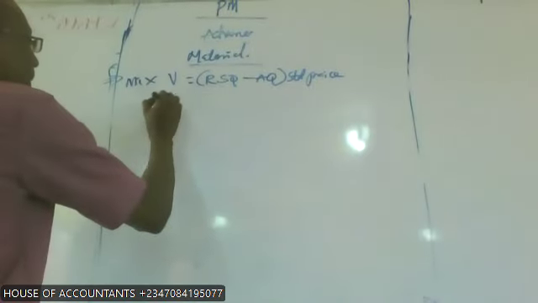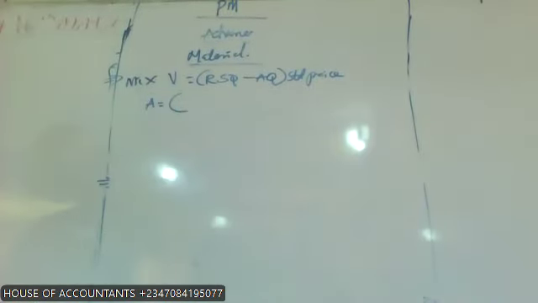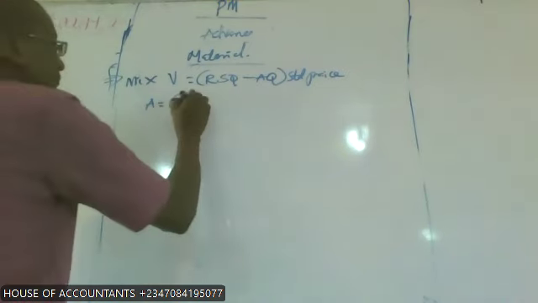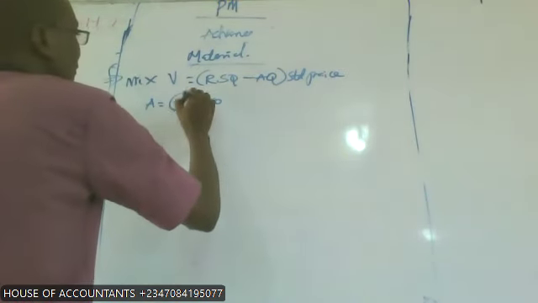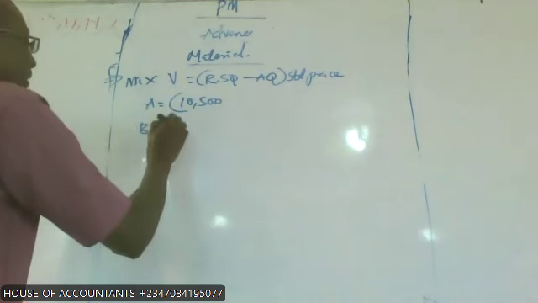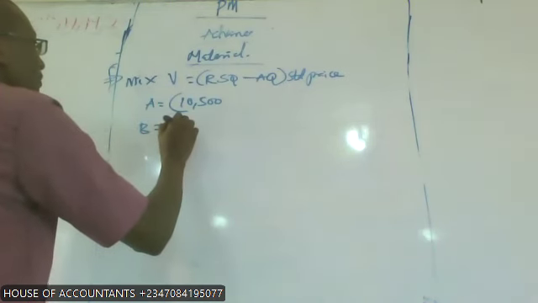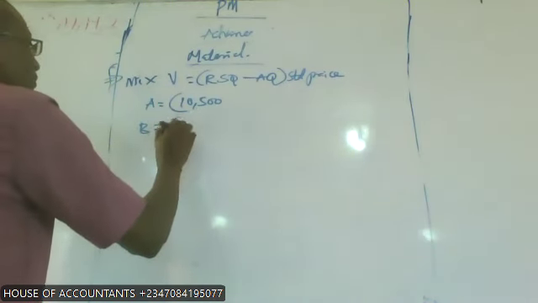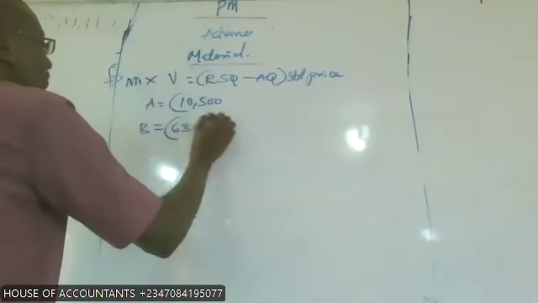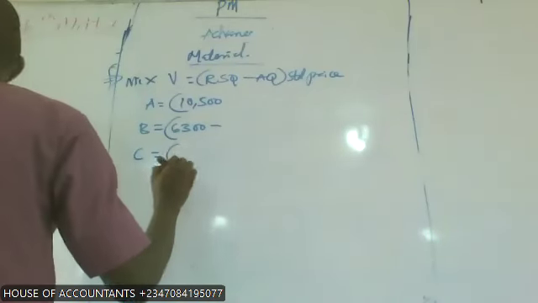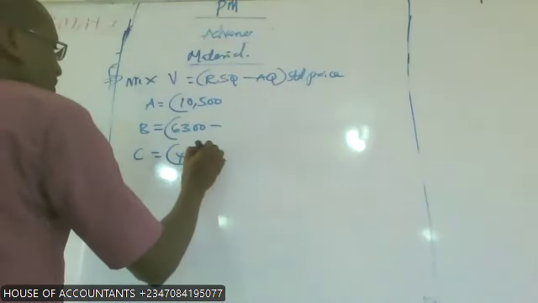Then for A, what's our reverse standard for A again? 10,500. Then for B, 6,300. Then for C, 4,200.